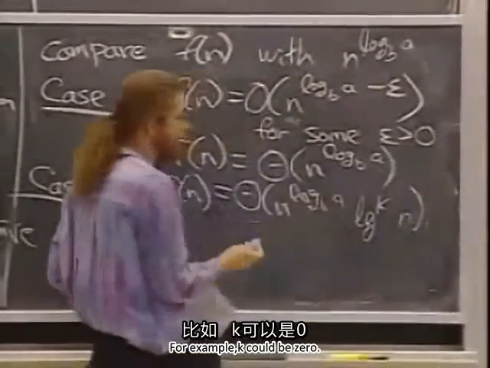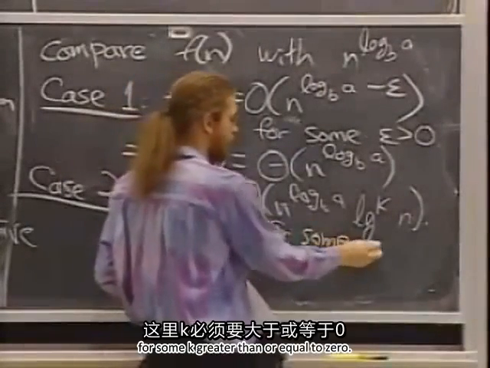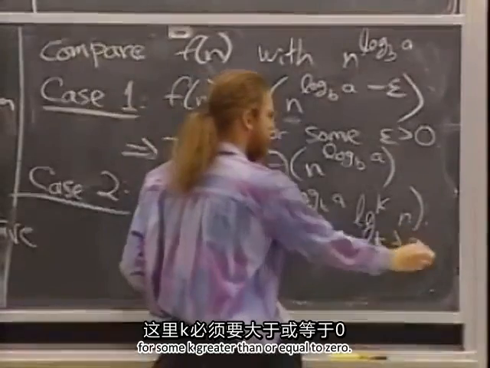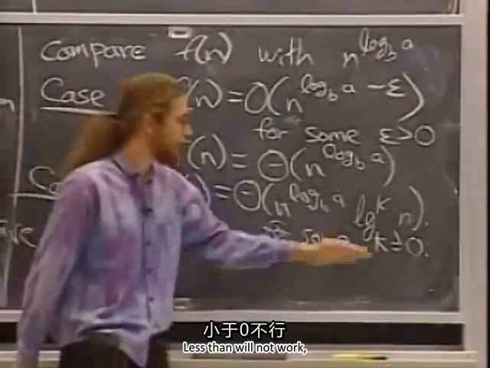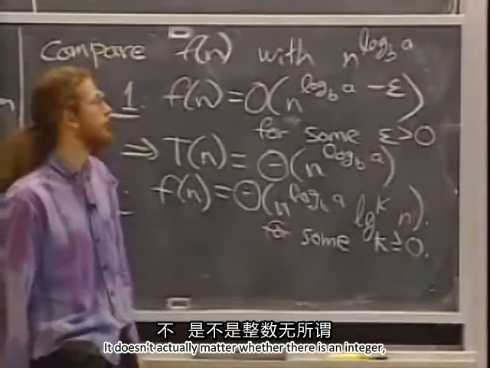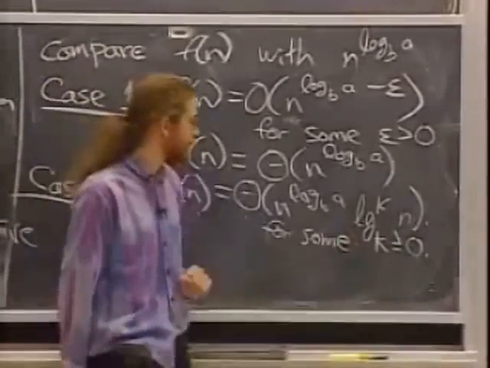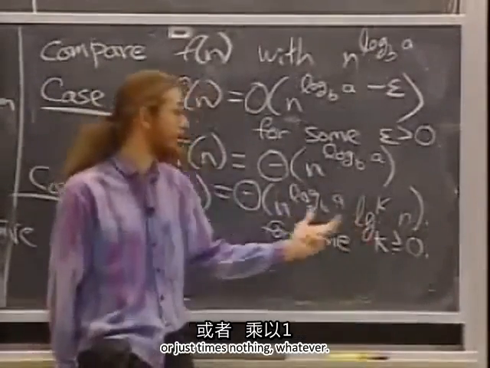So for example, k could be 0, and then they're equal up to constant factors. This is for some k greater than or equal to 0. Less than will not work, so it's really important that k is non-negative. It should probably be an integer, though it doesn't actually matter whether it's an integer. But there it is. Could be n to the log base b of a times log n, or just times nothing, whatever.